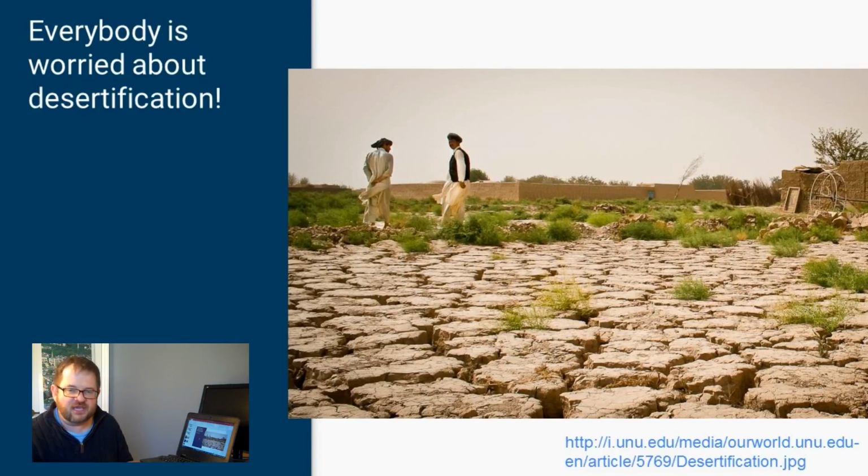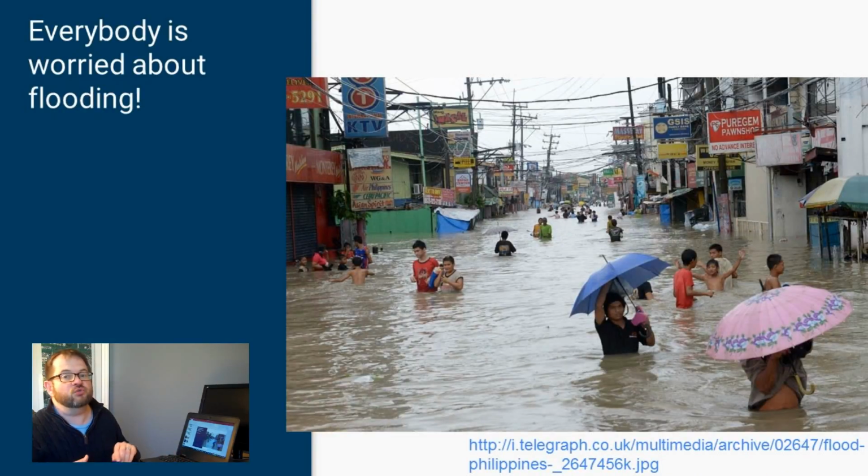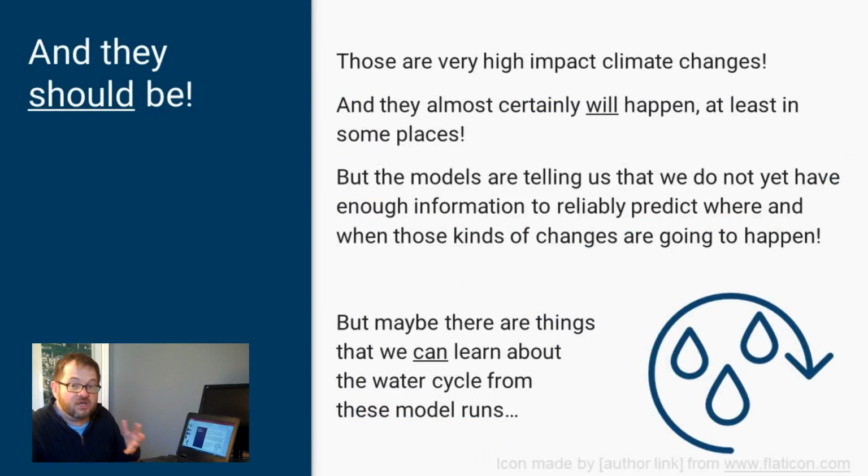Everybody's worried about desertification, right? If we're doing something to make the world more a desert, or even to make certain regions more a desert, we really want to know that. For that matter, everybody's also worried about possible changes in the distribution of precipitation with regard to flooding. I agree. We all want to know that. We certainly should be worried about such things.